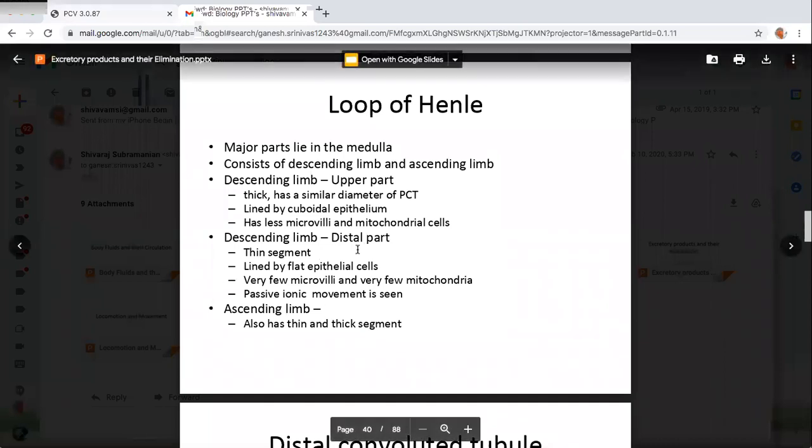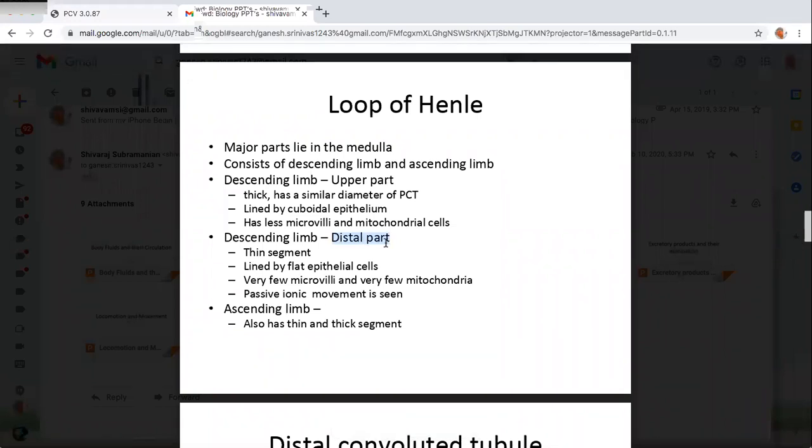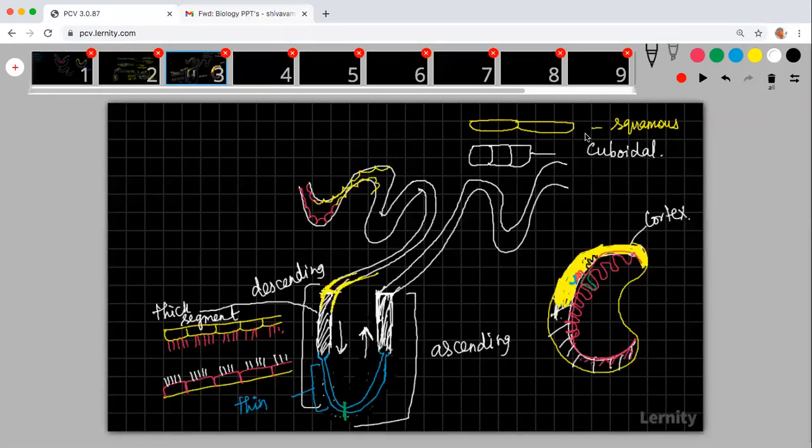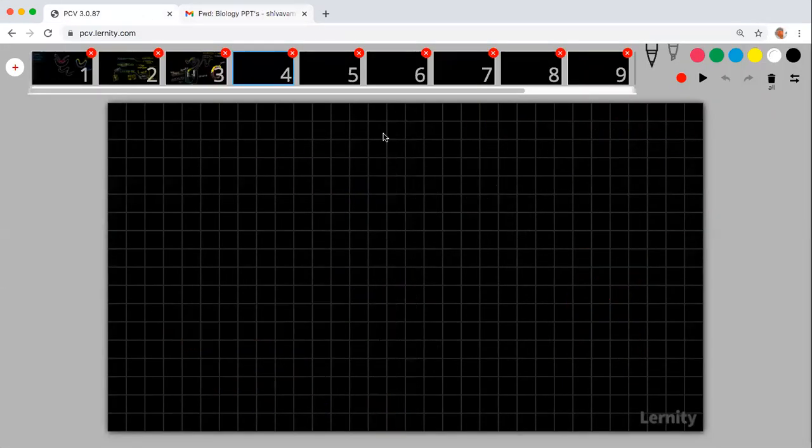The distal part, the lower part of the descending limb, the part that is farther away, is called the thin segment. It is lined by flat epithelial cells, and flat epithelial cells are squamous. So this is the thicker segment, and then you have the thinner segment like this.